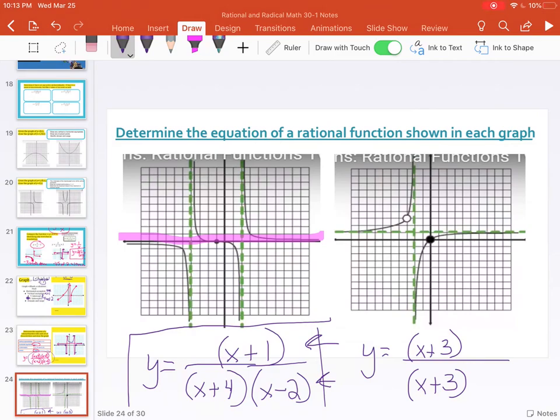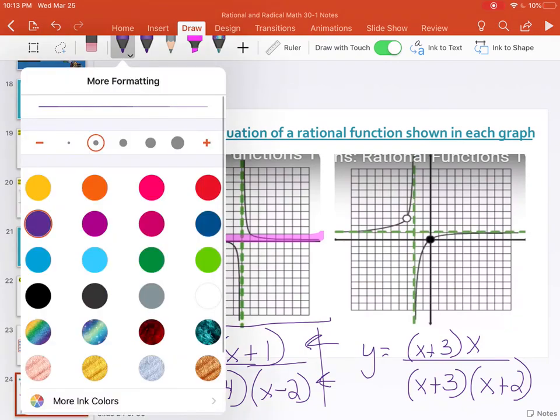Okay, and then the other thing I will notice is I do have an x-intercept here at x equals 0, so I will have a factor of x. And I have a vertical asymptote at -2, which means I will have a factor of x plus 2 on the denominator.